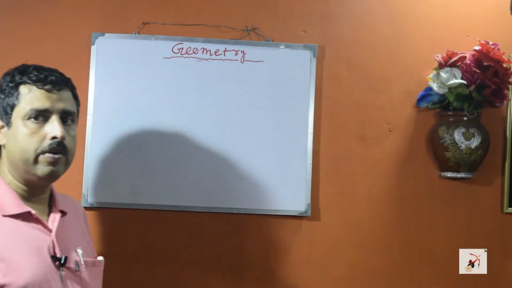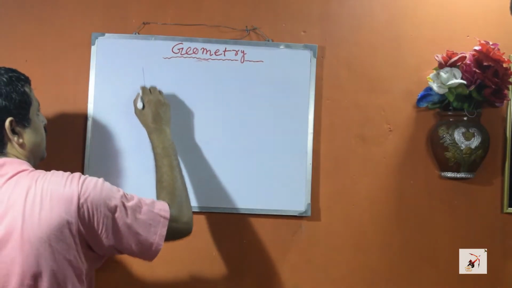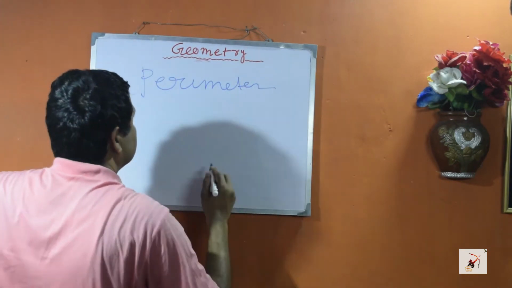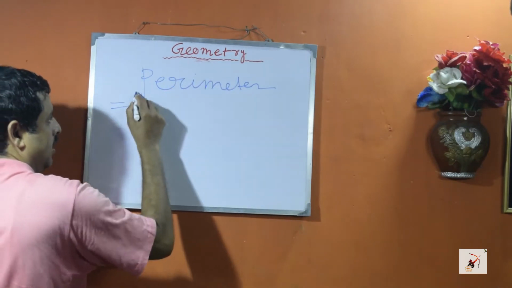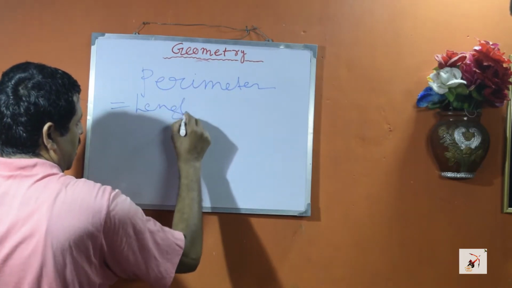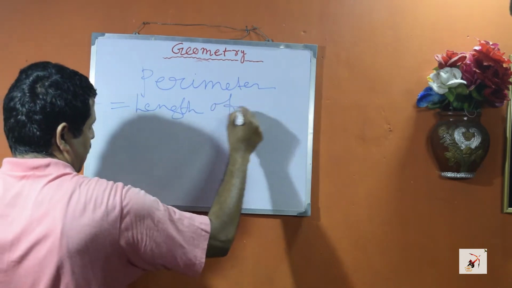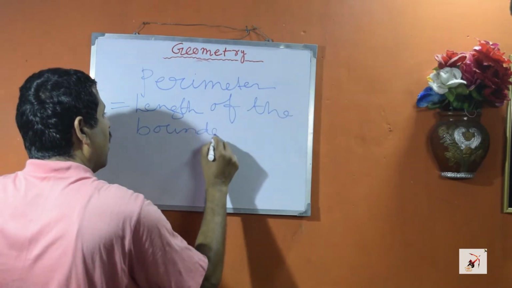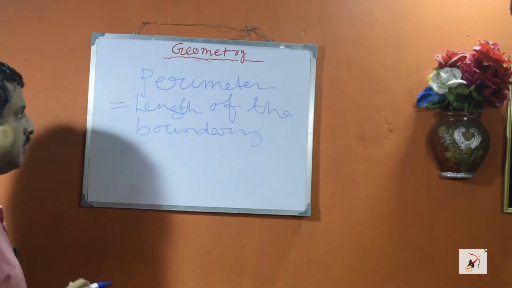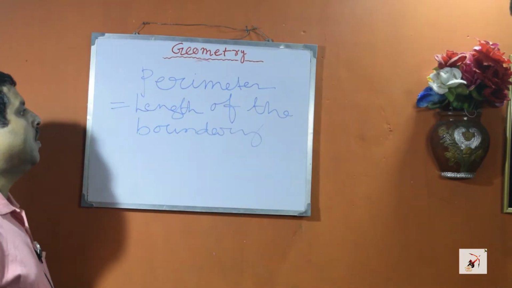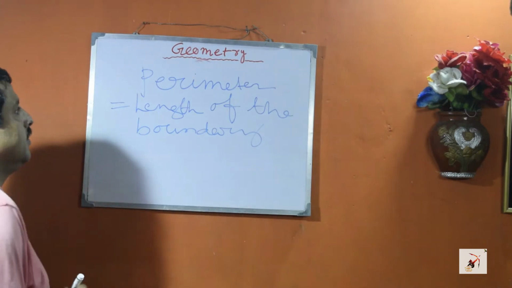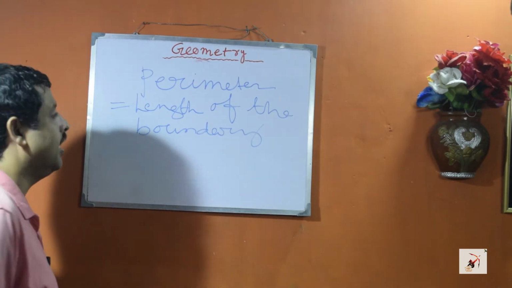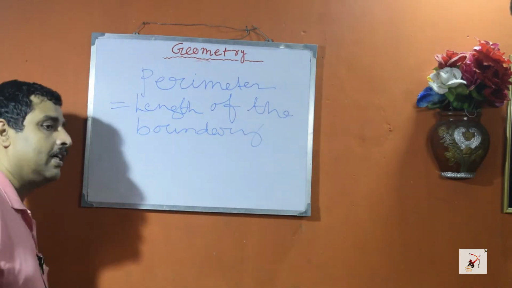Perimeter means the length of the boundary. As in the case of a circular field, cricket field, etc., it is known as the circumference.